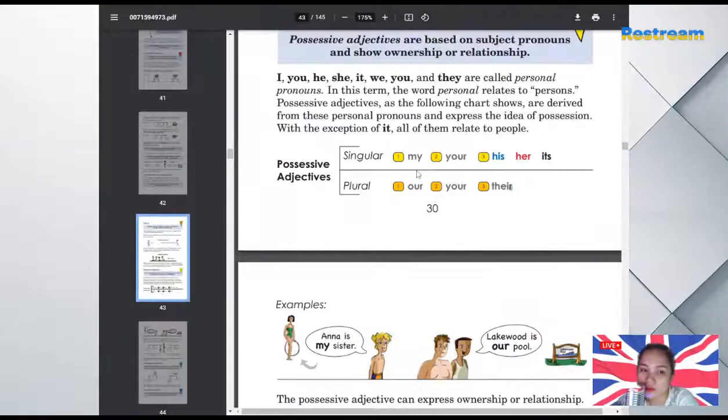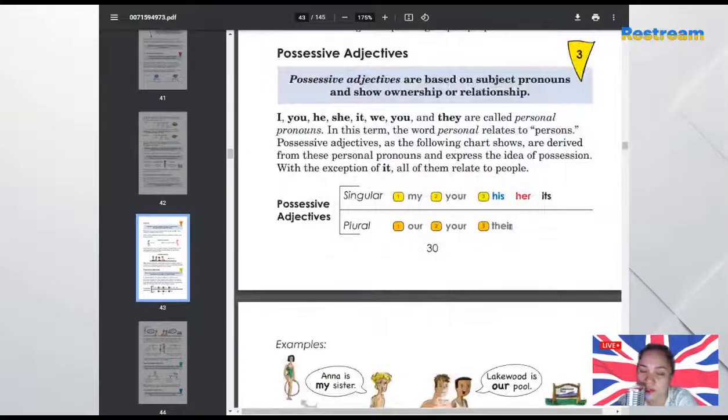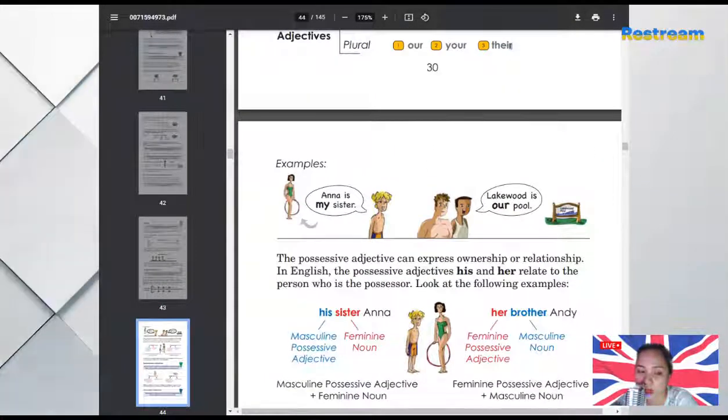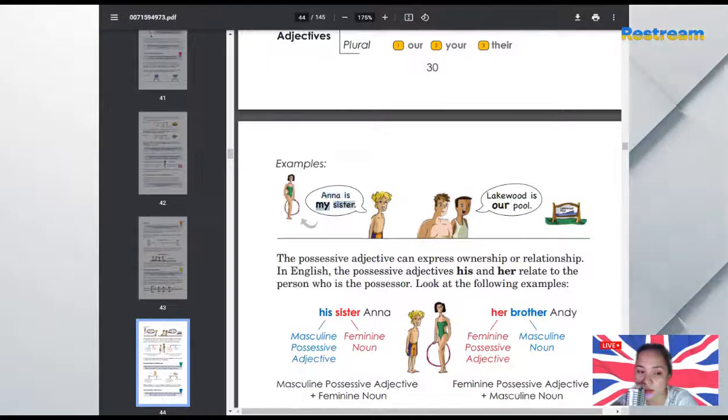Okay, so we are done already with the first half of possessive adjectives. Now let us continue with some examples. For example, we have here Anna is my sister. Another one is Lakewood is our pool.